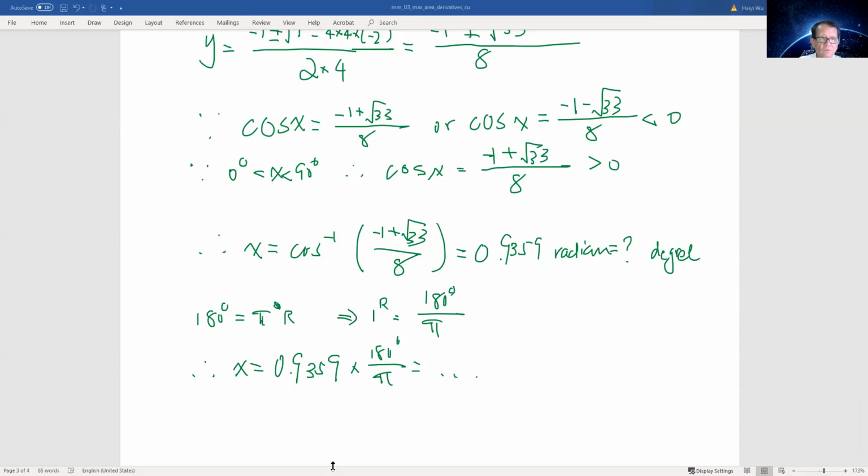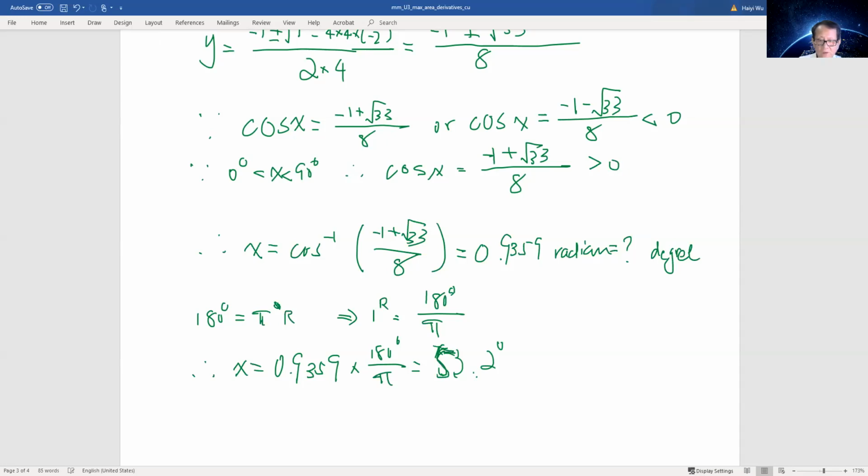So the answer is approximately 53.2 degrees. You can also change your calculator to degree format, so you can find that directly.